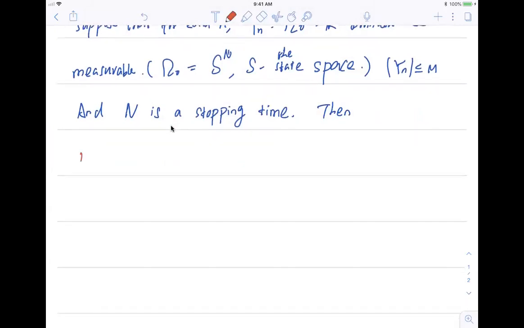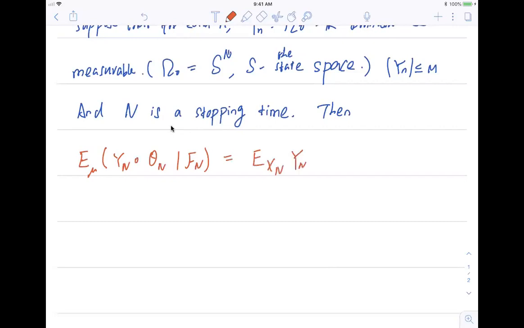Then we have the following: this is the expectation, where mu is the initial distribution, theta N is a random shift, and F_N is the information generated by the stopping time N. This is the strong Markov property because now the shift depends on the stopping time N.